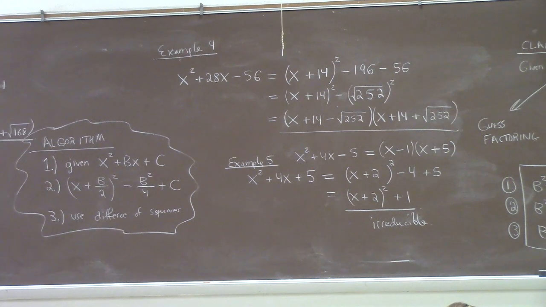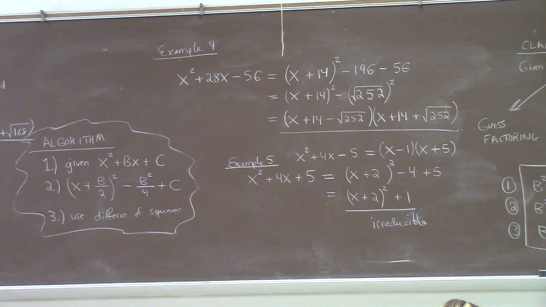And check it out. If we wanted to solve the corresponding equation, how would you solve it? If you know the factoring, then you can solve the equation very nicely. For this to be 0, one of the factors has to be 0.